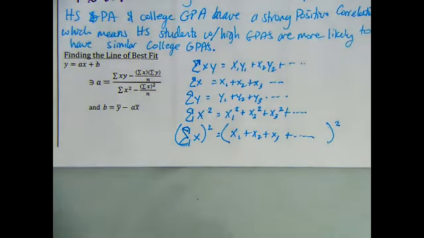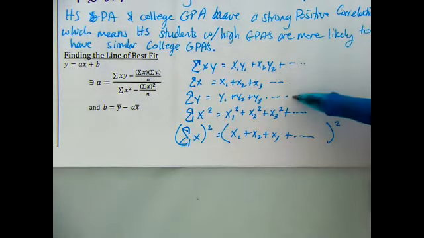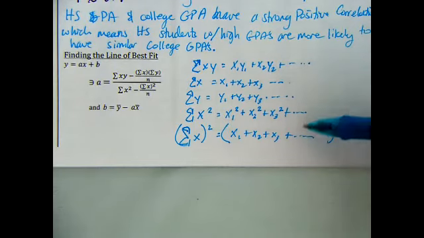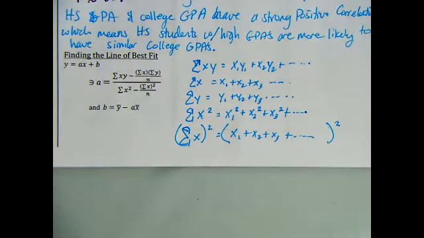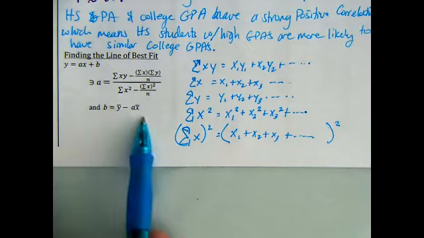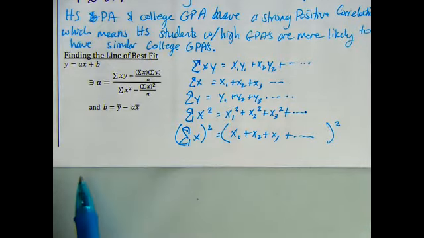So a lot of different things going on. You need to add all your x's, you need to add all your y's, you need to add all your x times y's, you need to add all your x's squared, all of that. And then to find b, you need the mean of your y and you need the mean of your x. Okay?